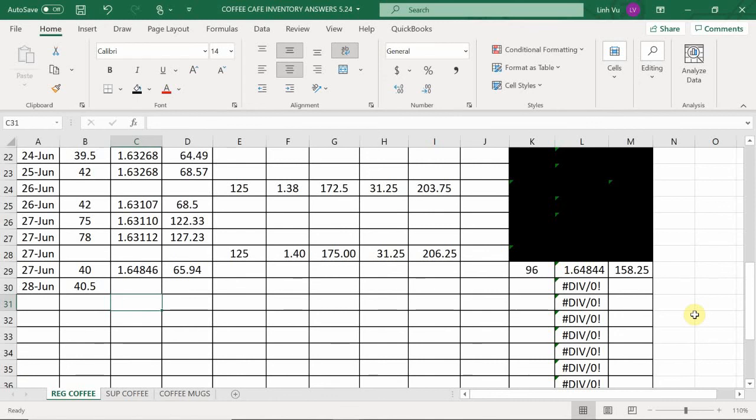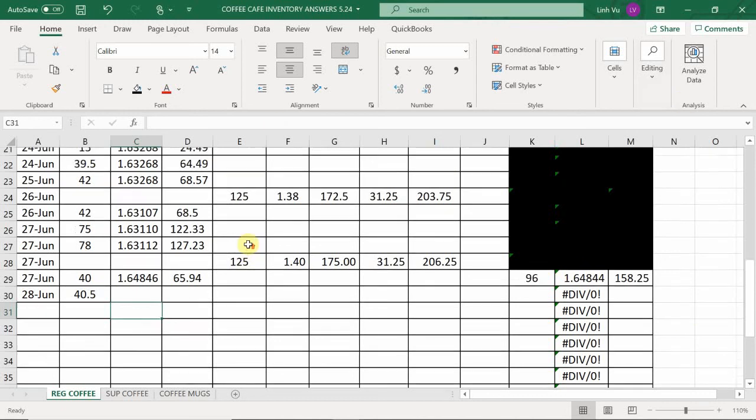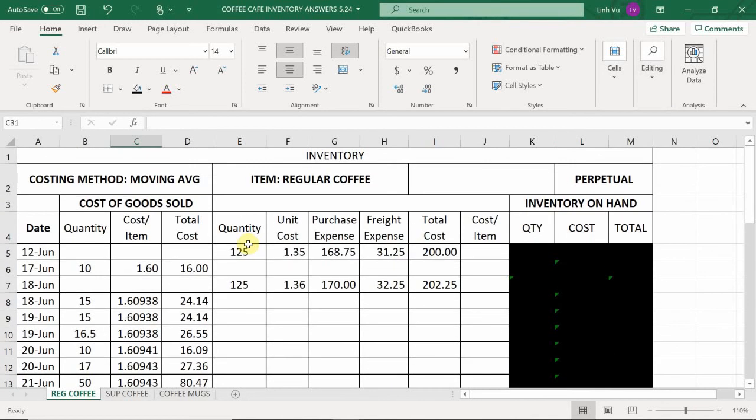Are we using first in, first out, last in, first out, moving average, weighted average? I don't know. Which one are we using? Is it first in, first out?